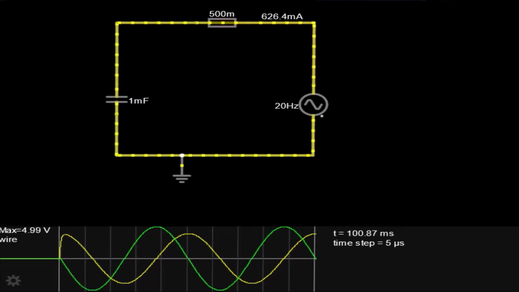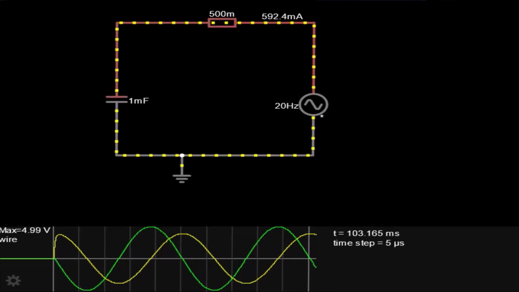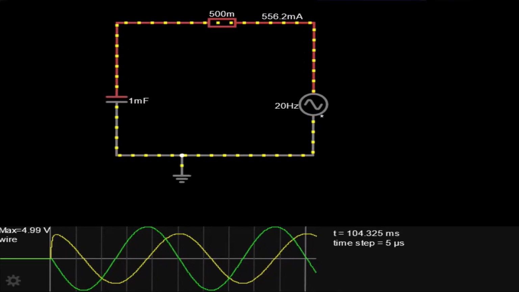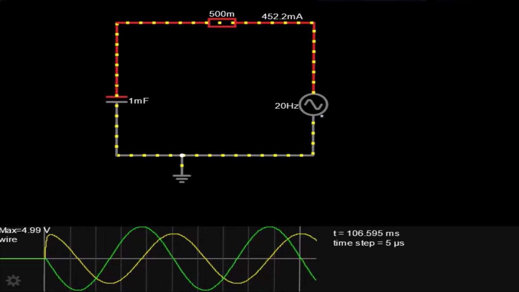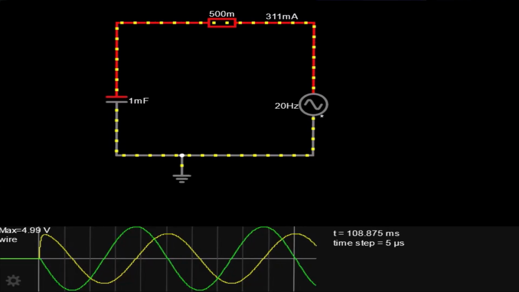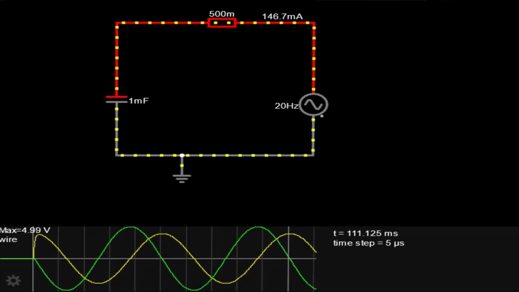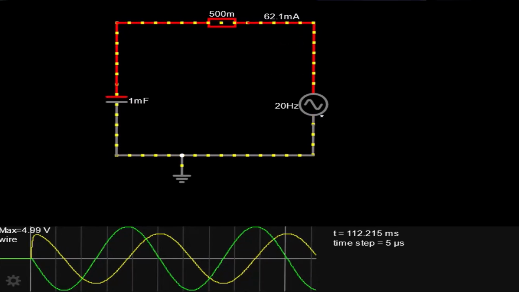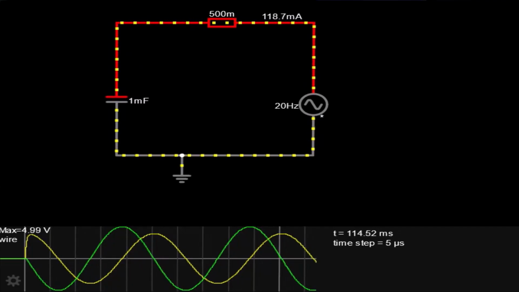As you can see, the line on the top is becoming red at the moment that the capacitor is fully charged. As the capacitor is most times oppositely charged to the power source, it looks to the capacitor as if it is dealing with a short circuit, so it will always try to compensate as fast as possible.